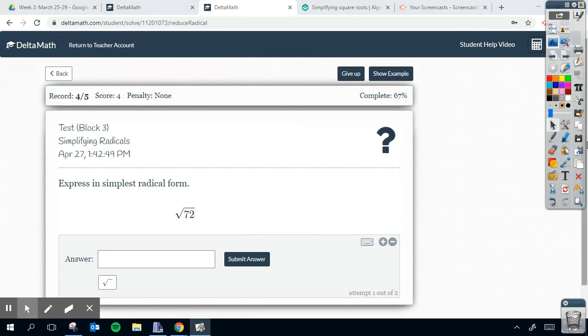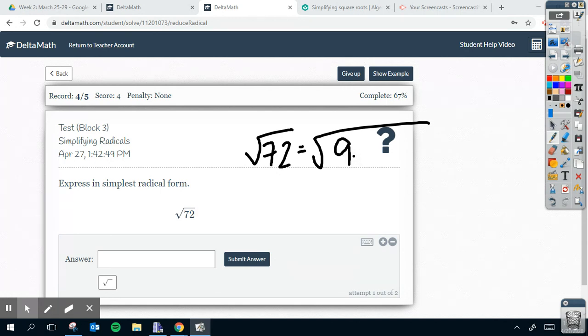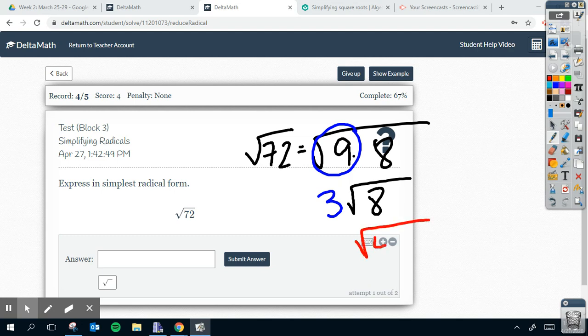Let's try one more. The 72 is going to be much easier. So what numbers go into the square root of 72? 9 is a perfect square, and I know 9 goes into 72, so I can do 9 times 8. Since 9 is the perfect square, I can take the square root of 9 and move it to the outside of the radical. That's going to be 3. And what's remaining inside the radical is 8. I know that the square root of 8 is equivalent to the square root of 4 times 2.